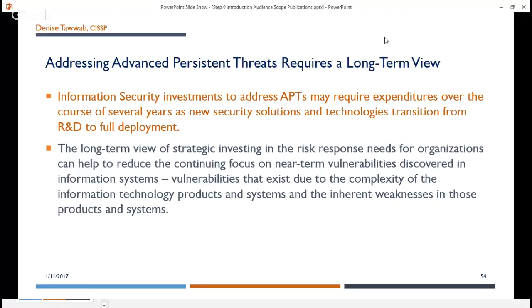The long-term view of strategic investing in the risk response needs for organizations can help reduce the continuing focus on near-term vulnerabilities discovered in information systems. Vulnerabilities that exist due to the complexity of the information products and systems and the inherent weaknesses in those products and systems. So you're taking a long-term view as opposed to a singular look at the system and what's happening right now.